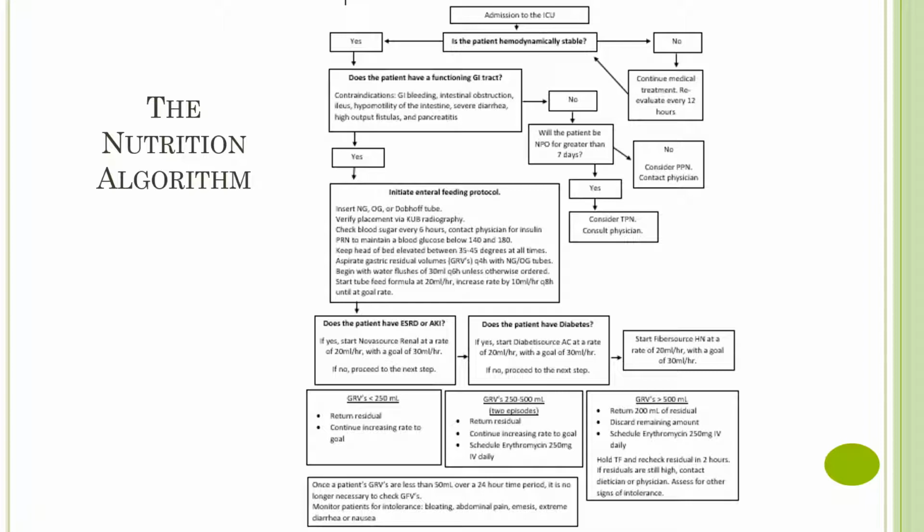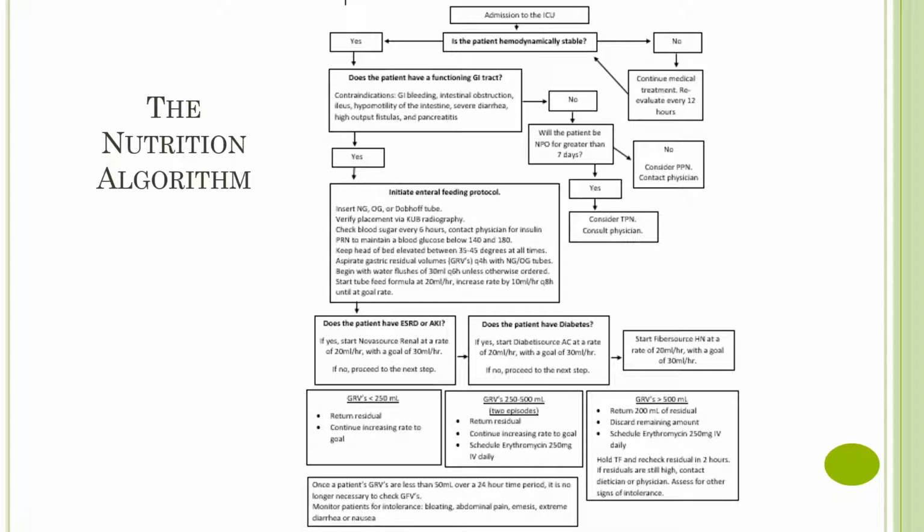So the next question would state, does the patient have a functioning GI tract? If they have GI bleeding, intestinal obstruction, an ileus, hypomotility of the intestines, severe diarrhea, high output fistulas, or pancreatitis, those would determine that they do not have a functioning GI tract at that point, and that needs to be directed towards the GI doctor.